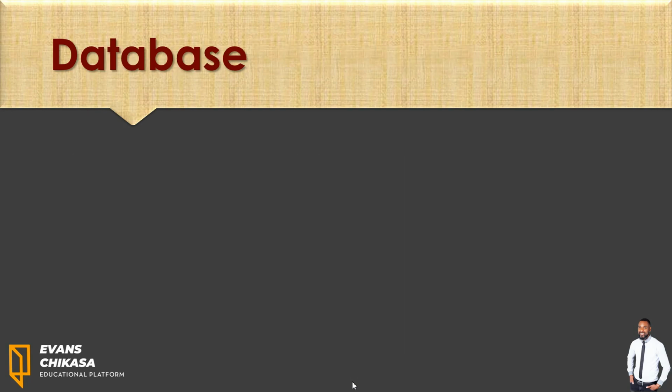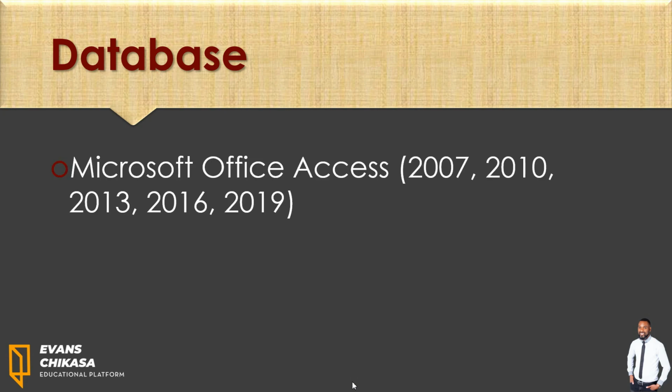Again, for database, the obvious software is Microsoft Access. You have got various versions, 2007 to 2019. It's important that wherever possible, you go for the newer versions of the software, because the 2007 software is no longer supported.